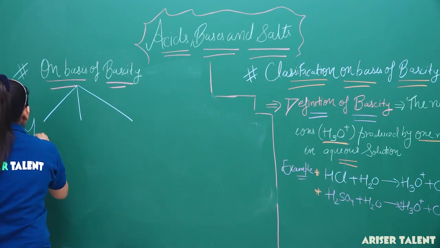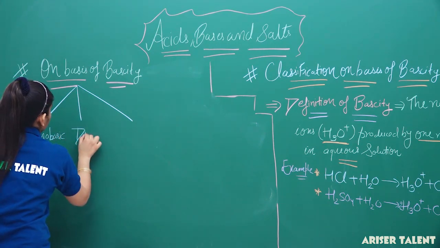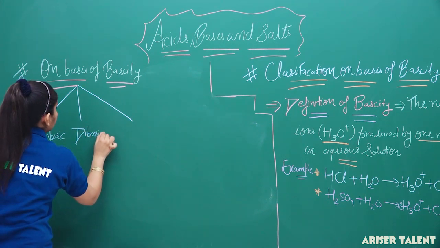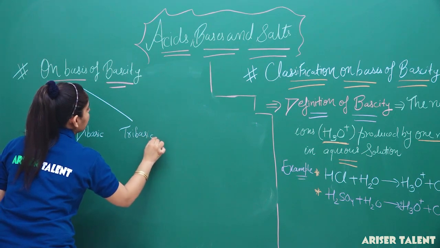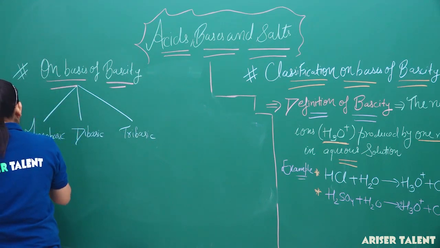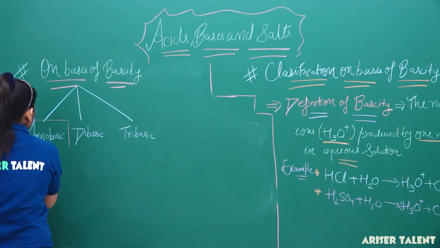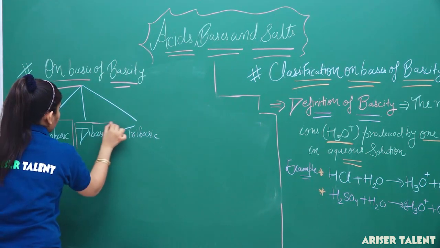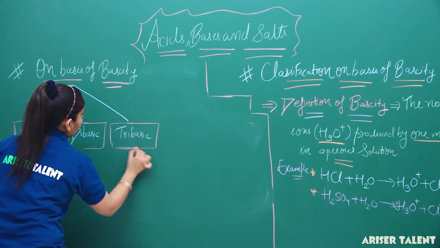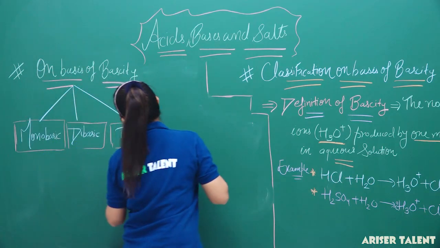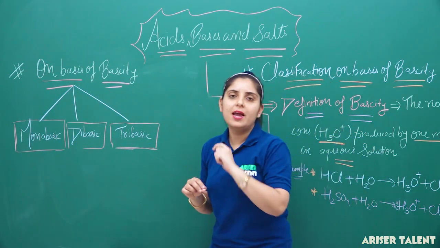First one is monobasic, second one is dibasic and the third category will be tribasic acid. So these will be the 3 categories of the acid, that is monobasic one, dibasic one and tribasic one.